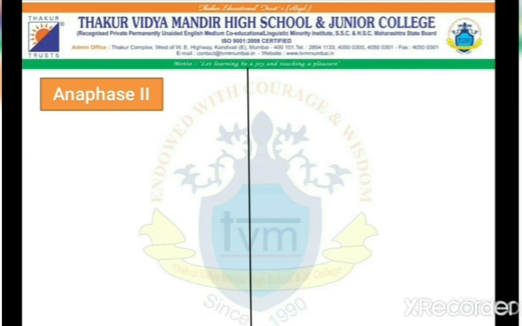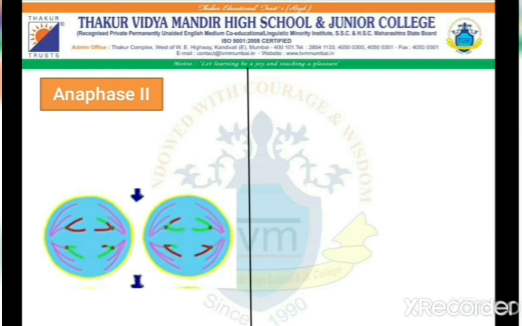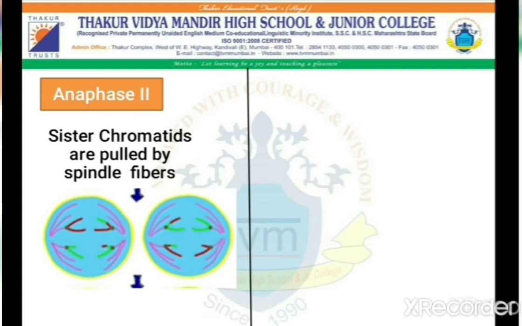So in anaphase 2, as we have seen earlier, the separation takes place. The sister chromatids are pulled by spindle fibers.